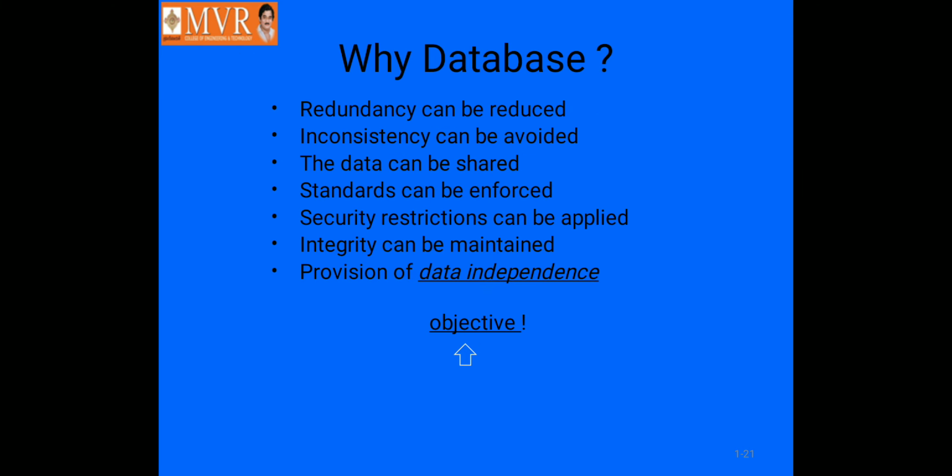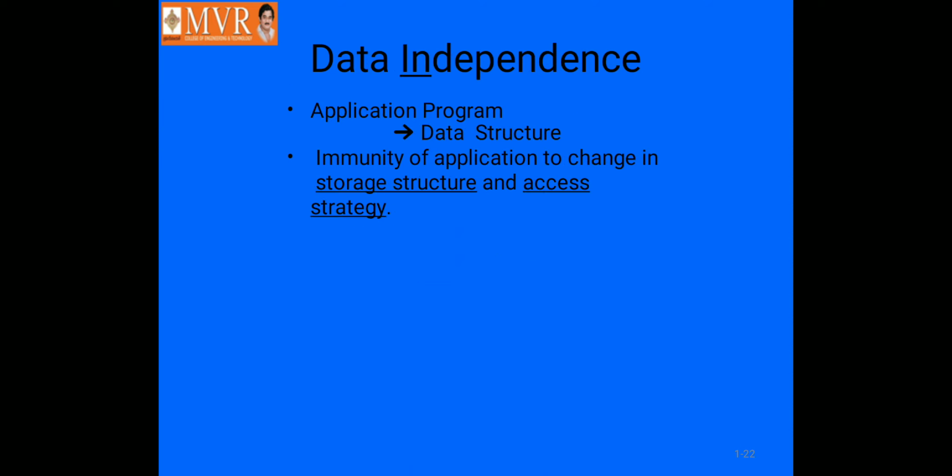With either database, redundancy can be reduced, inconsistency can be avoided, data can be shared, standards can be enforced, security restrictions can be applied, integrity can be maintained, and data independence is provided. Data independence means the application program is immune to changes in the storage structure and access strategies.